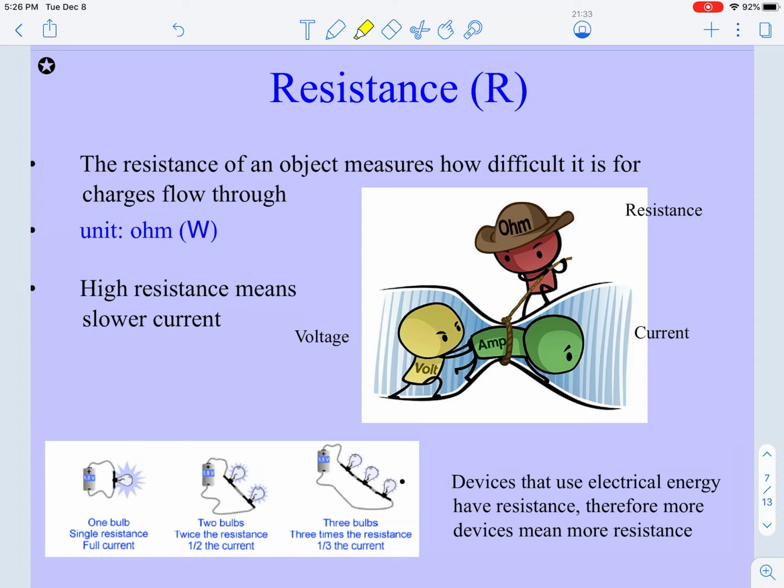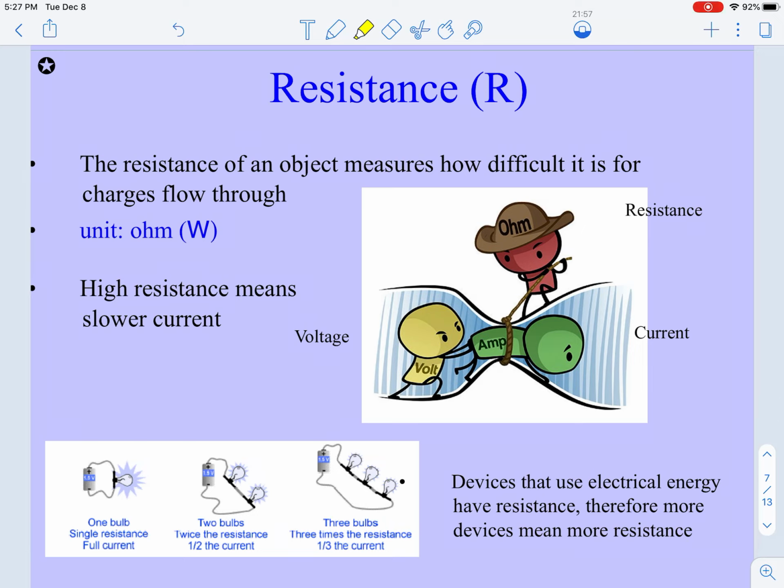All right, resistance. I came across this image just the other day, and I thought it was super cute and a very good illustration to represent the different variables that we have discussed so far. So we have our current, which is the little green guy, and remember this is the flow of those electric charges.